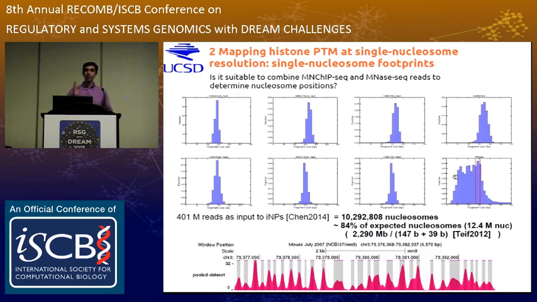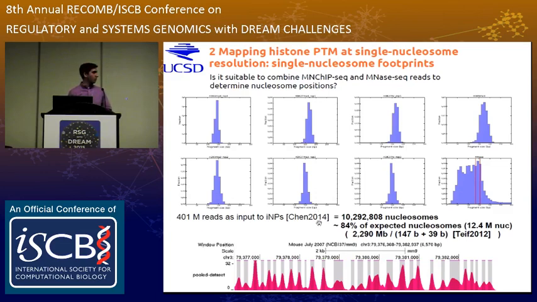The authors discarded everything below 135 bases or above 155. We did the same, so we only used the 90 million reads in the mononucleosomal region. We then pooled this MNase-seq data along with our MNase ChIP-seq data to generate a data set of 400 million reads, which we then input into a software called iNPS to determine the nucleosome positions.